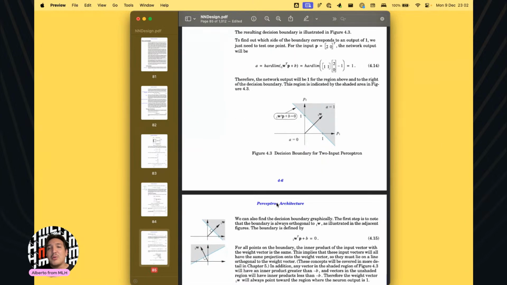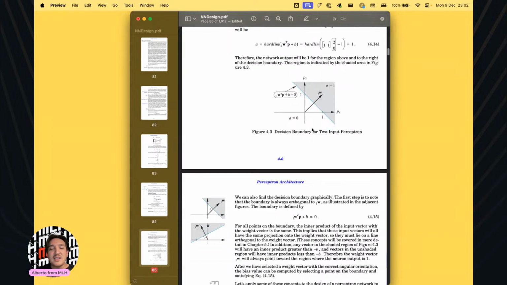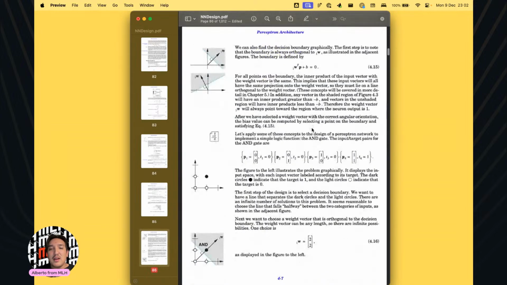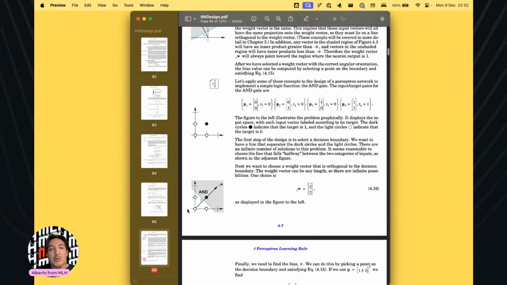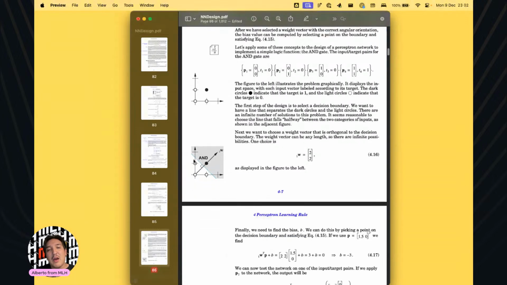But I think I've already covered all that needs to be covered. There are more graphic scenarios, for example, how these are classified, with the decision boundary orthogonal to the weight vector. Here, these ones are going to be negative, this one's going to be positive.